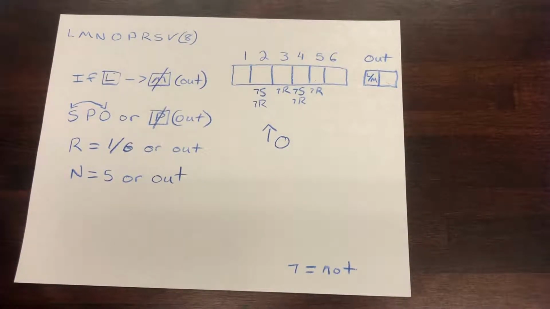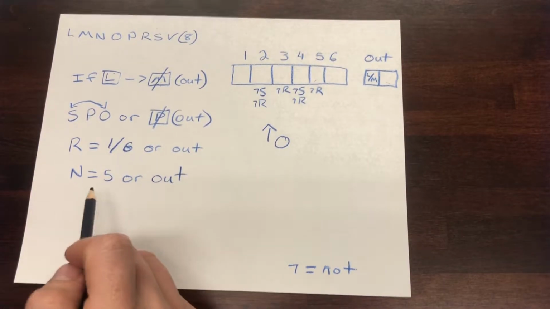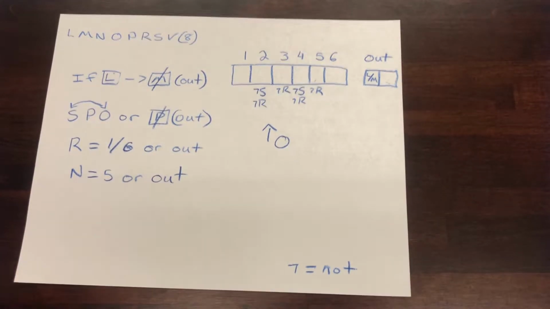We see in answer C that R is in 5, so we're immediately eliminating C. We know that N has to be in 5 or out. If N is located anywhere other than 5, then N is out. And in B, N is in 2. So B and C are both out.